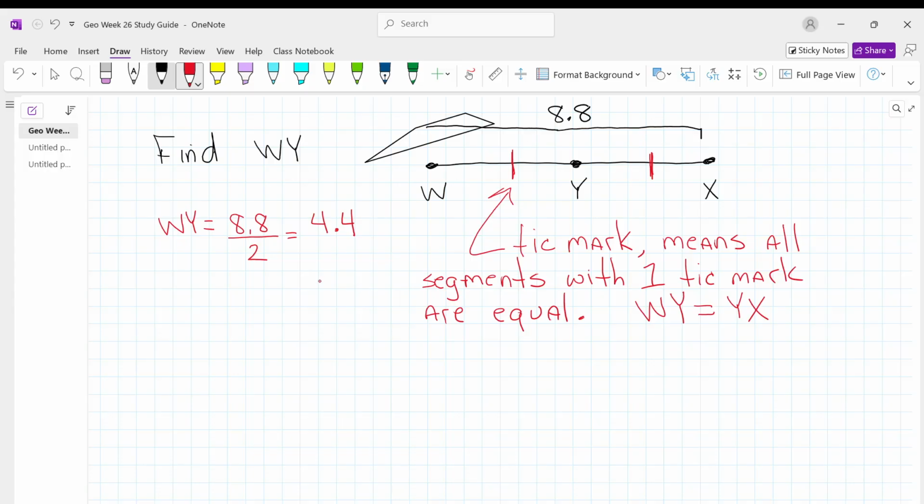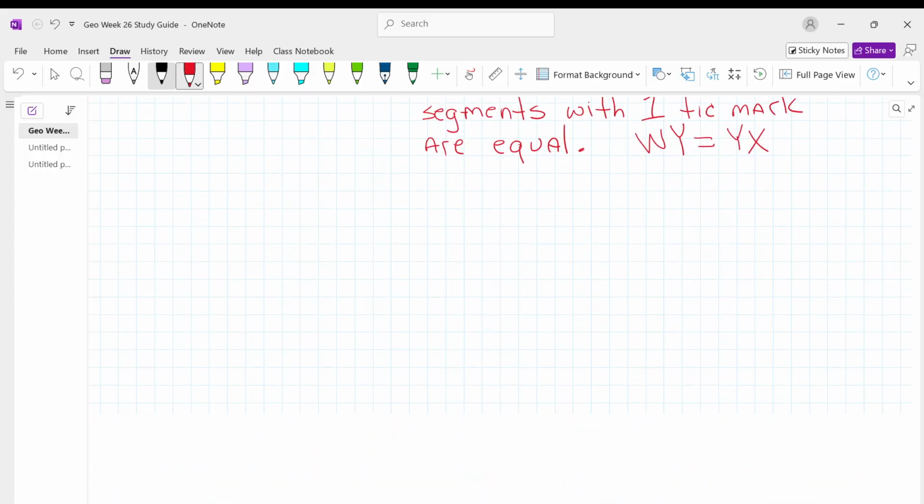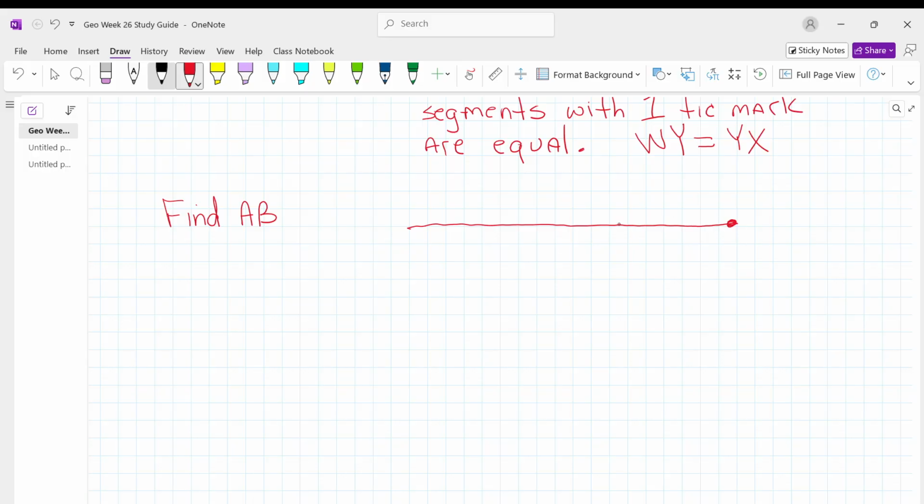All right, and then let's look at one that's got a few more tick marks. Let's say we're going to find A to B. Not right now. Just hang out a minute. So let's say we got A, B, C, D, and E. Each segment has a tick mark on it.